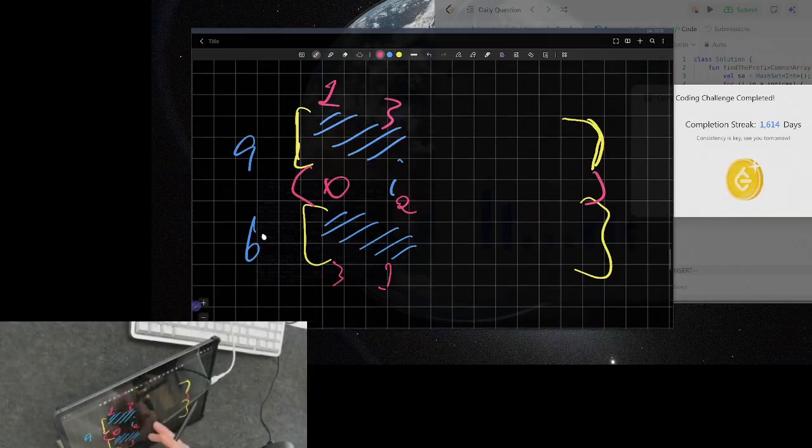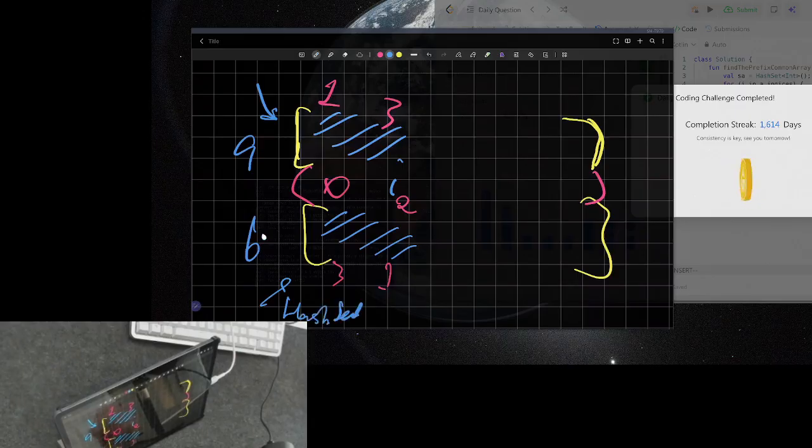Now the solution is that you have to push both into running hash maps or hash sets, hash set A, hash set B, and fill them.